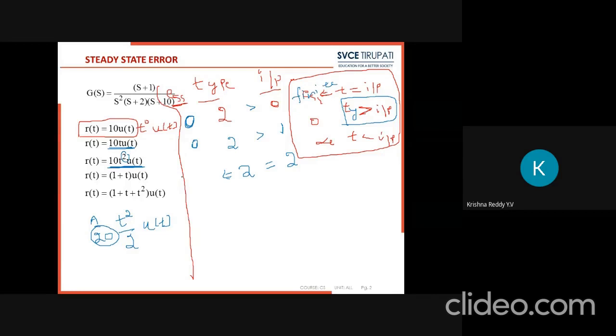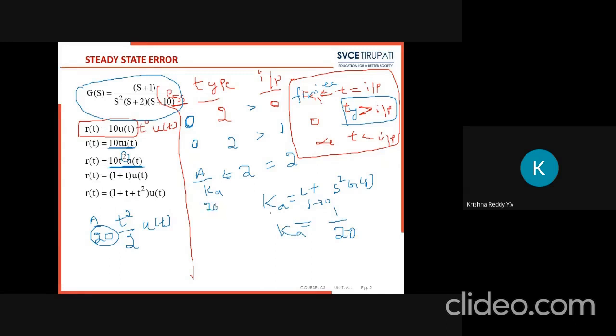When you are given parabolic input, it is A divided by Ka. Ka is the static acceleration constant, limit s tends to 0 of s square into G of s. When you are substituting G of s in this equation, we are getting the Ka value as 20. A value is 20, so 1 by 20 into 20, we are getting the steady state error value as 400.